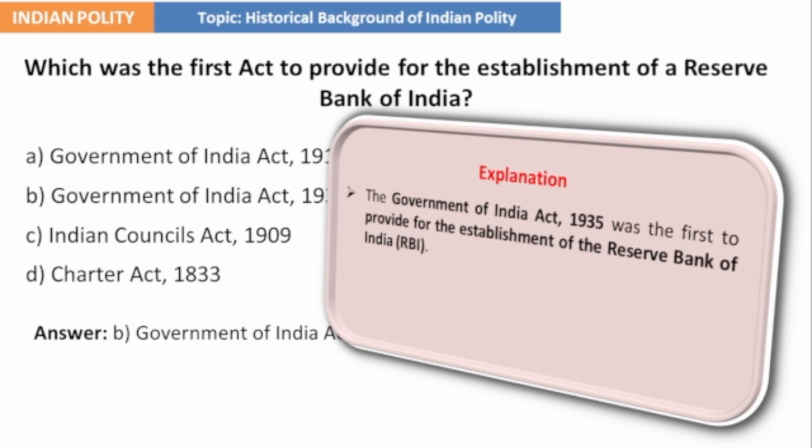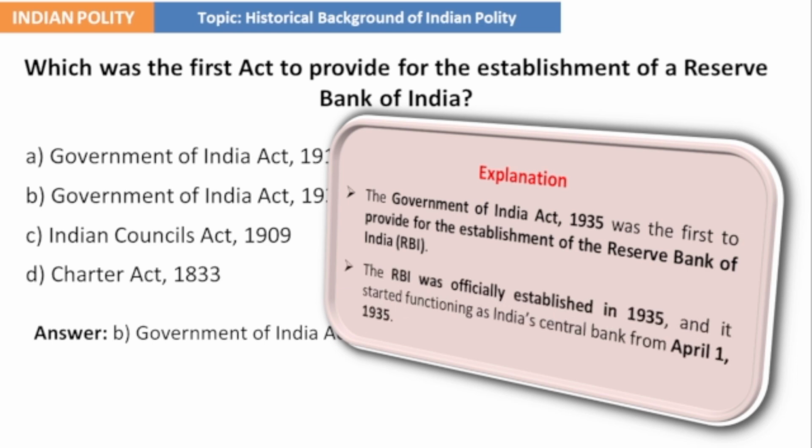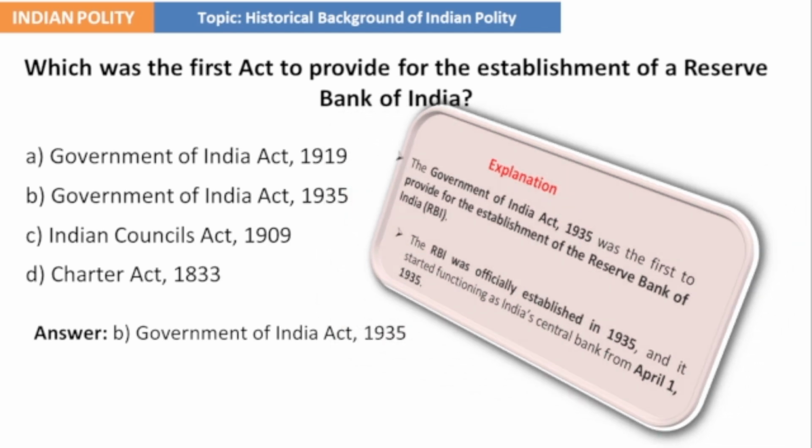The Government of India Act 1935 was the first to provide for the establishment of the Reserve Bank of India (RBI). The RBI was officially established in 1935 and it started functioning as India's central bank from April 1, 1935.